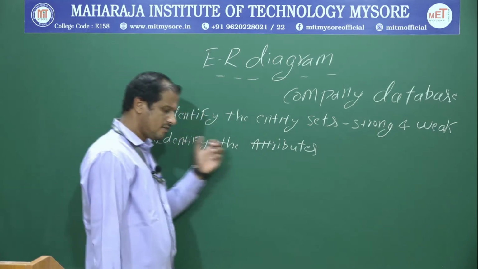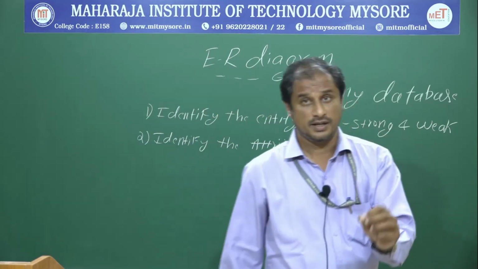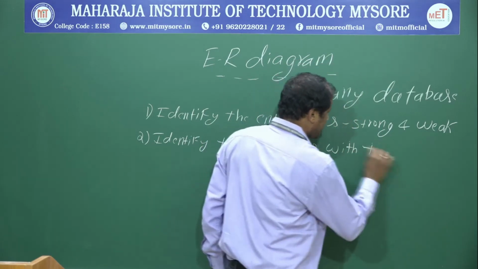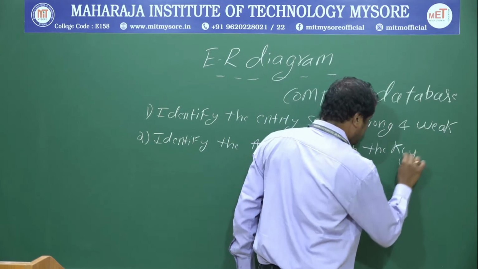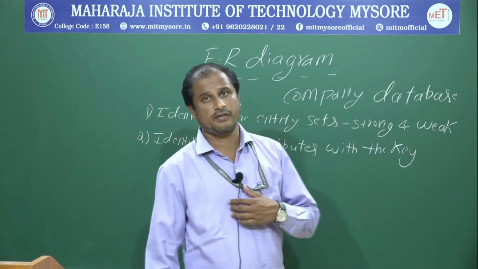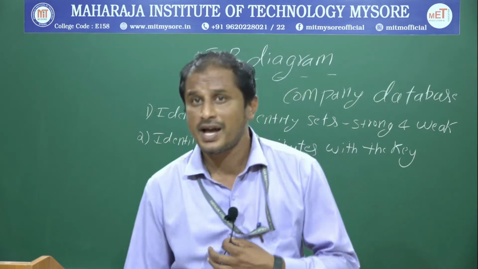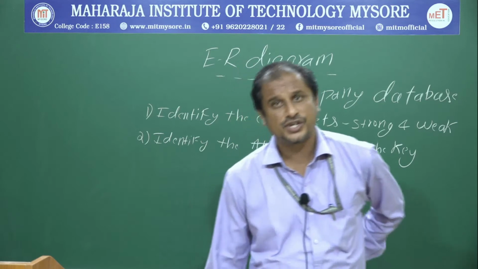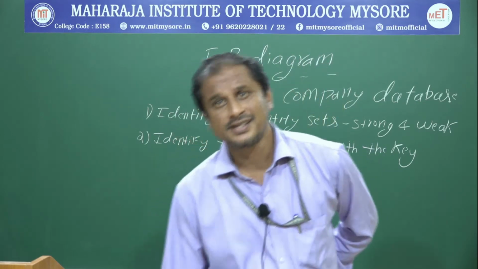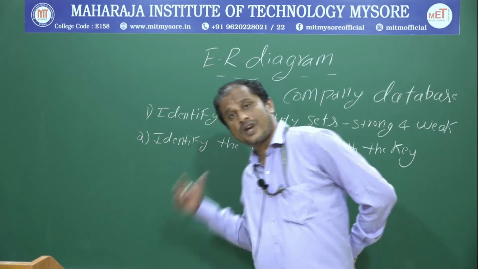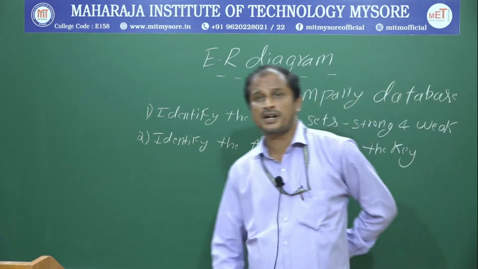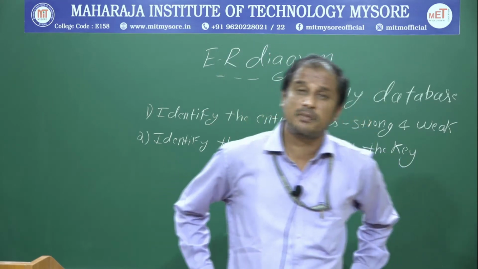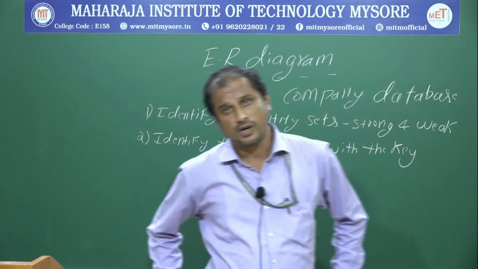Okay. Next step is to identify attributes, along with the key. Employee has various attributes like SSN, name, age, date of birth, address, and gender, with SSN as the key. Department has department number as the primary key, department name, and department location.